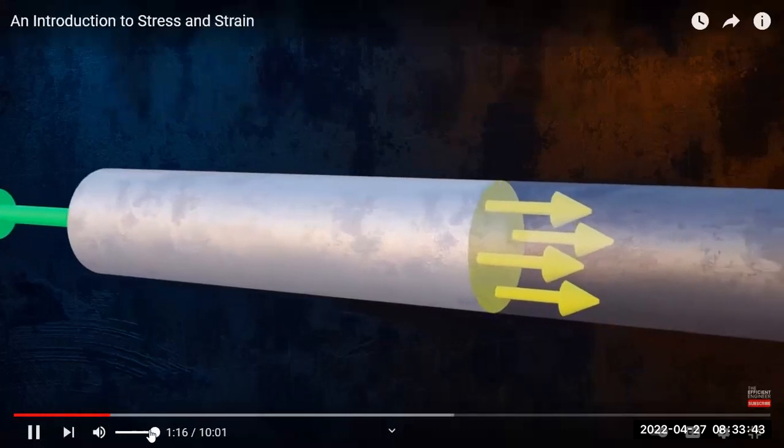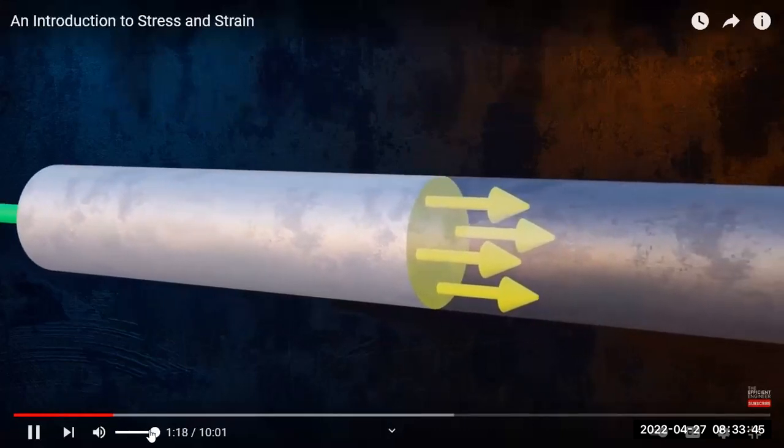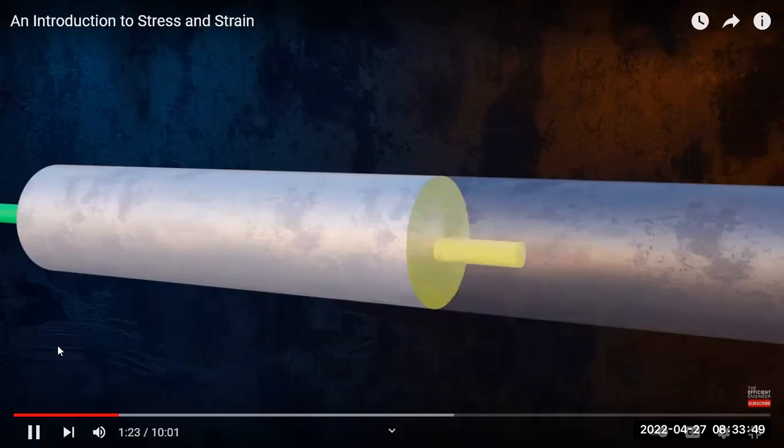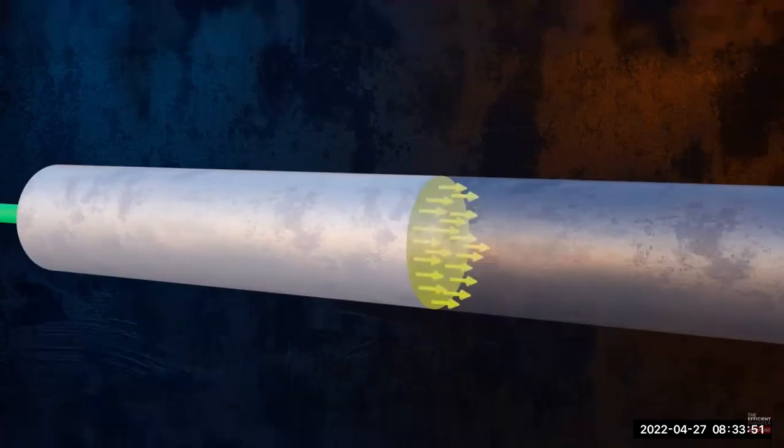I have represented the internal forces as 4 separate forces here, but I could have represented them as 1 or even 20 forces. In reality, the internal forces are distributed over the entire surface of the cross-section. For this reason, it doesn't make much sense to talk about specific internal forces. Instead, it is better to talk about stress.